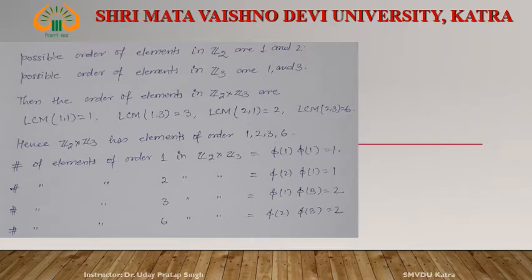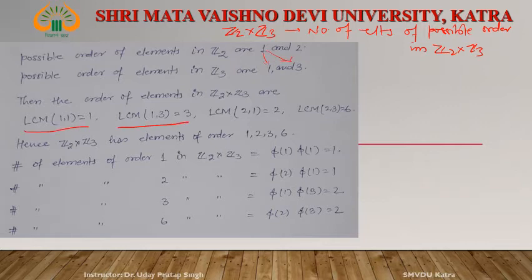Then the possible orders of elements in Z2 cross Z3 are given by the LCM of 1 and 1, LCM of 1 and 3, LCM of 2 and 1, and LCM of 2 and 3. LCM of 1 and 1 is 1, LCM of 1 and 3 is 3, LCM of 2 and 1 is 2, LCM of 2 and 3 is 6.